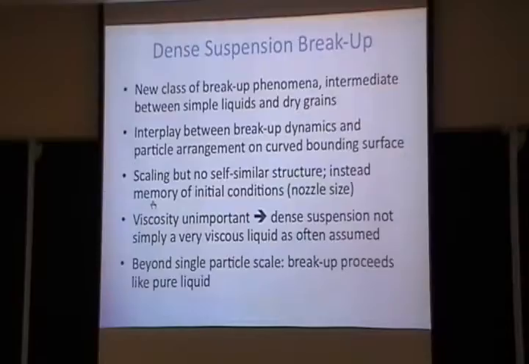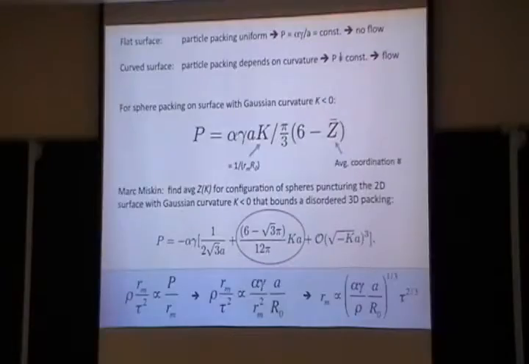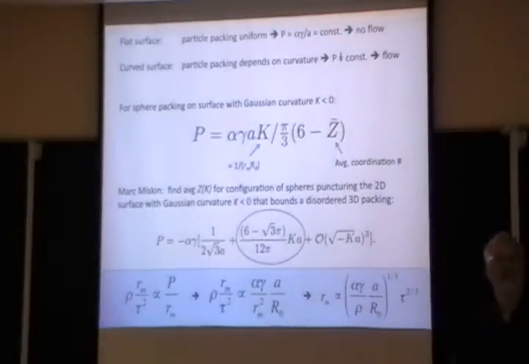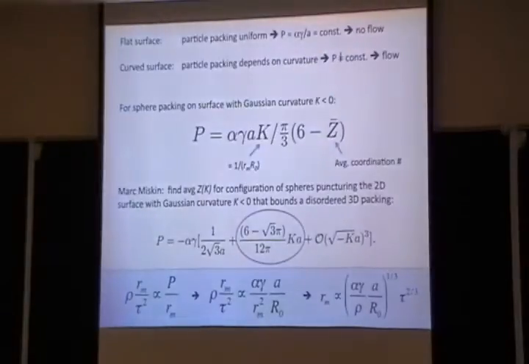Yes. So I was a little confused about the equation for pressure a few slides back, the expansion that you did. So what you expanded in was, I guess, some kind of non-dimensionalized Gaussian curvature. Yeah, it's k minus k times a. So isn't that blowing up as you approach the singularity? Yeah, but you always cut off the... So you expand around this point.